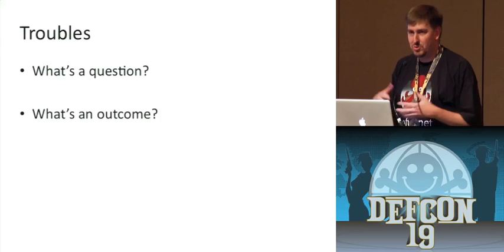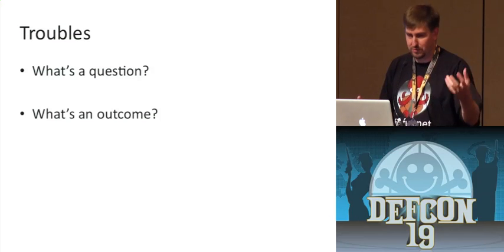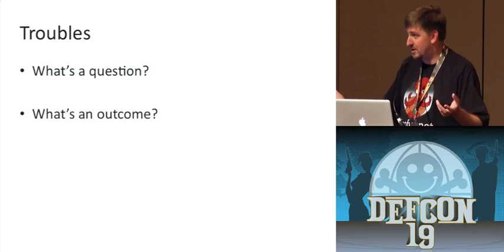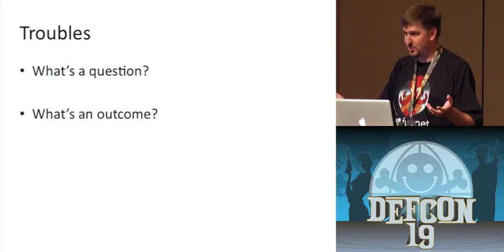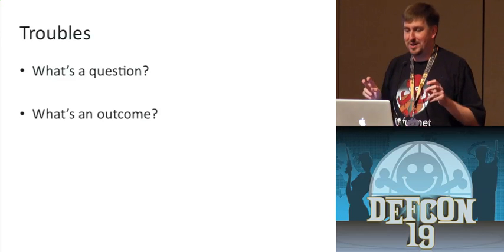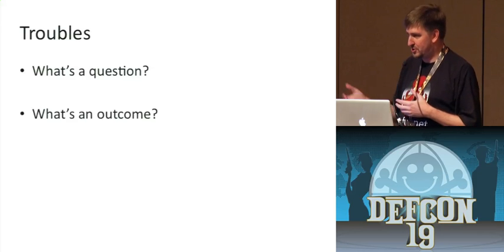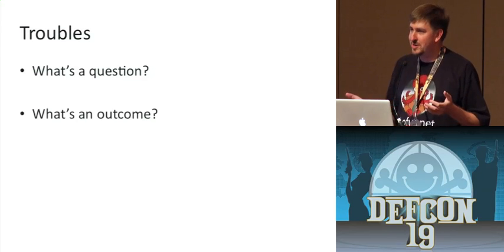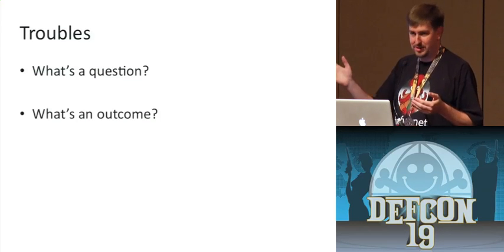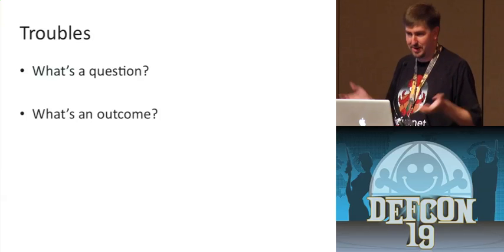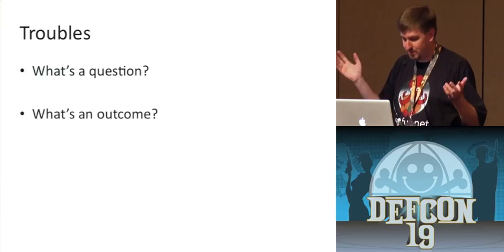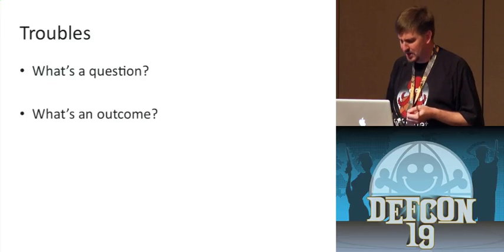Oftentimes, there will be several questions presented to the court. They'll rule for the petitioner on some and for the respondent on others, so it's pretty ambiguous who won. That's a tricky thing to determine, so for the purposes of this proof of concept analysis, I was just going to take whatever OYEZ.org said was the winner. I declare that's the winner too, and they're probably right most of the time anyway.